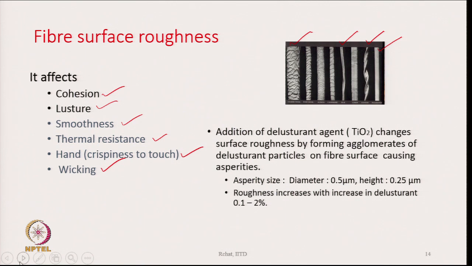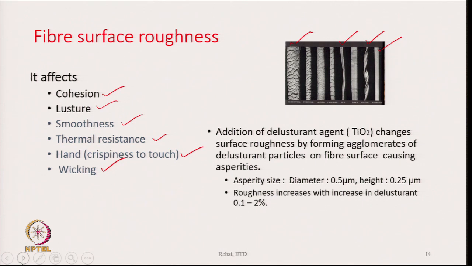Sometimes we want to make the surface rough, especially for some fiber like polyester, where the surface is very, very smooth and therefore it is too lustrous, and too lustrous fabrics are not really liked by many people, and hence we have to make the surface of the polyester fiber a little rough.